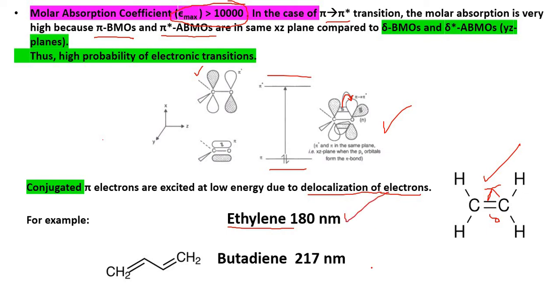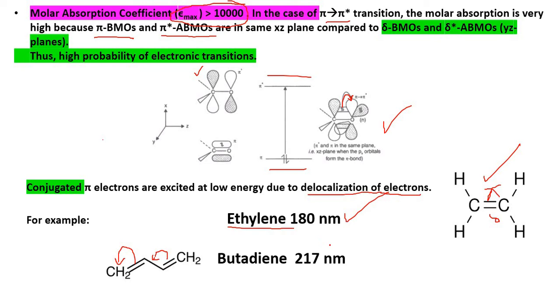But when we have butadiene, a conjugated system, the electrons will shift here and these electrons will be shifted here. So it's a delocalized electronic system, and because of this the absorption band is shifted to 217 nanometer.